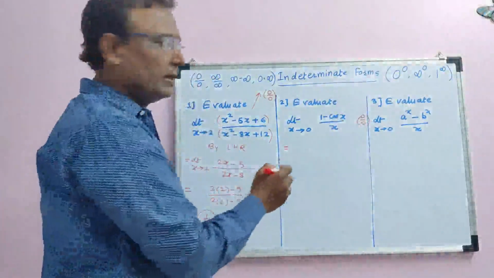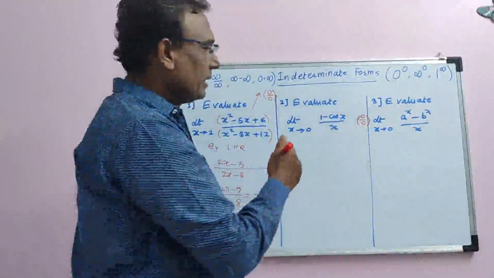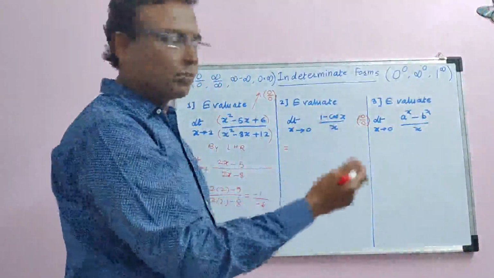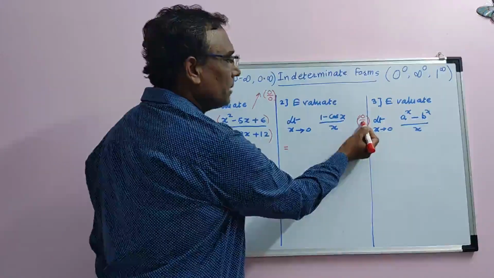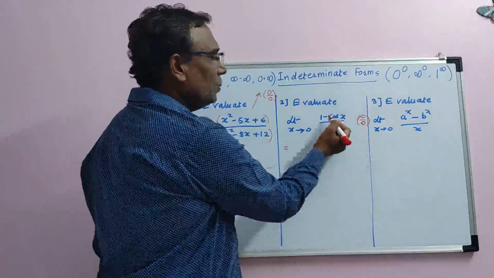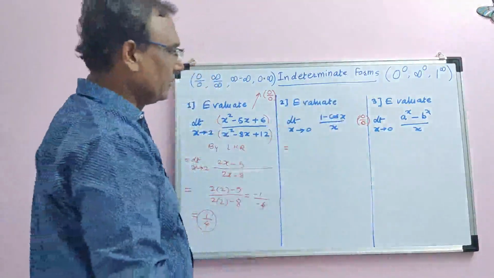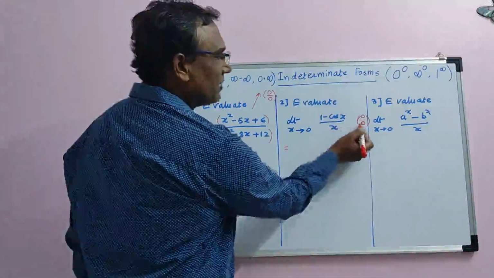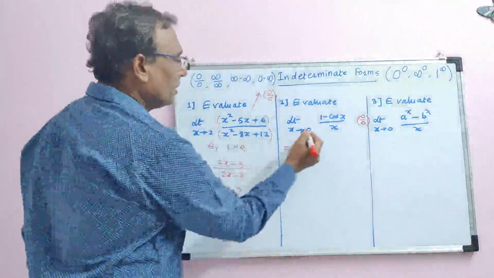In the examination you will get all these indeterminate forms. If you put x equal to 0, the denominator is going to become 0 and the numerator will definitely be 0. Those types of problems we are going to study.